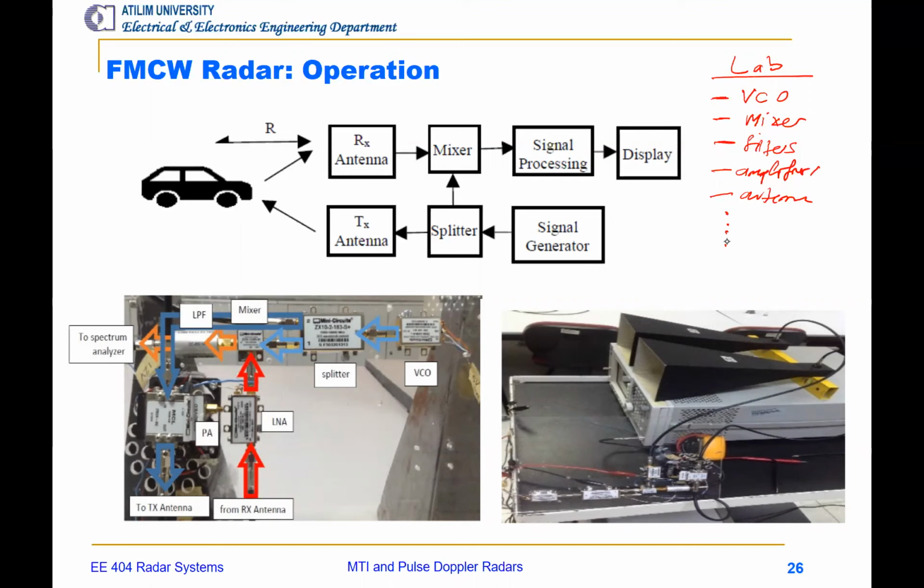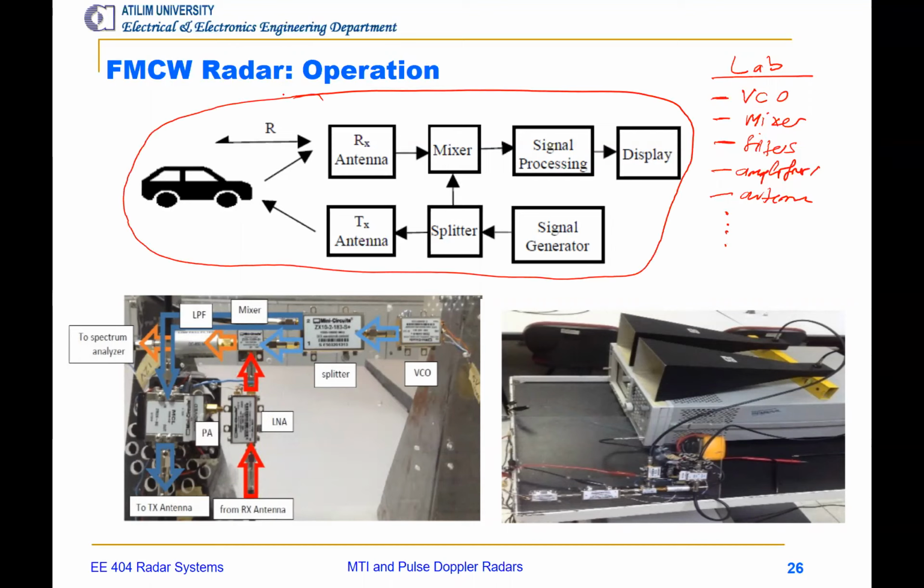On the top, you see the main block diagram of an FMCW radar. We have a signal generator here, which is typically a VCO in our case. And we have a splitter where the VCO signal is split into two, one into the receiver.